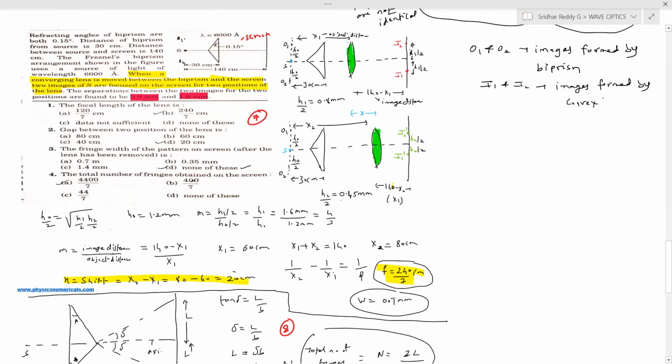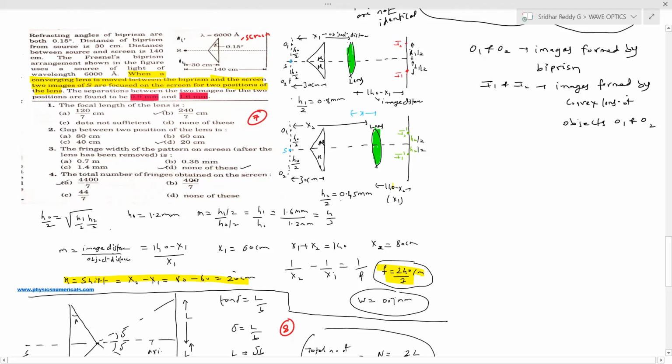Formed by the convex lens, of objects O1 and O2, which become like objects for the lens. This is the lens here. Getting the idea? Once you understand the question, it is very easy. The lens is being shifted. There's a shift here, and X is called the shift.